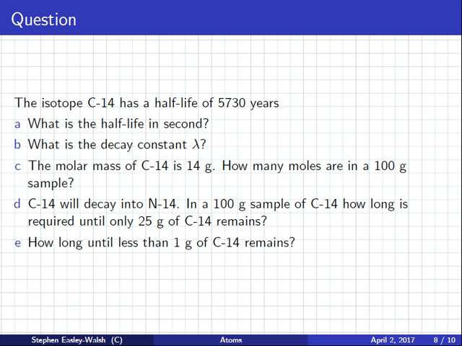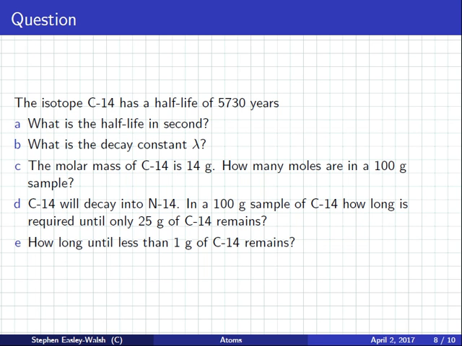After another half-life, you have 25, another, 12.5, and continue that way. After 7 of these, you're at less than 1 gram. You've cut 100 down to 1 by halving it 7 times. So the answer is 7 half-lives, which is 40,000 years.